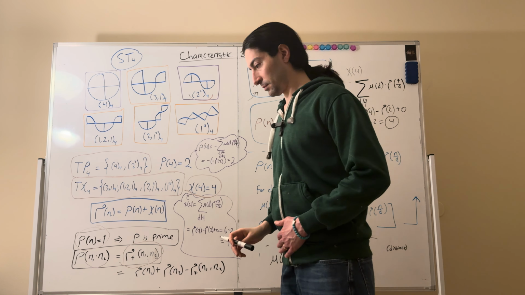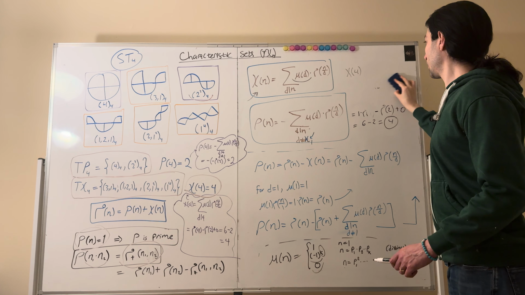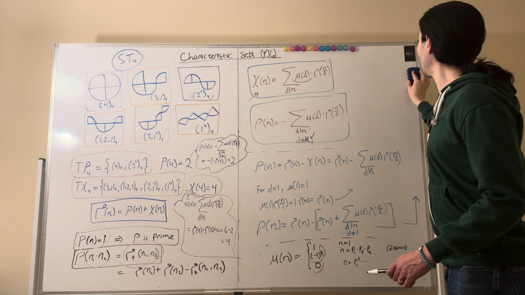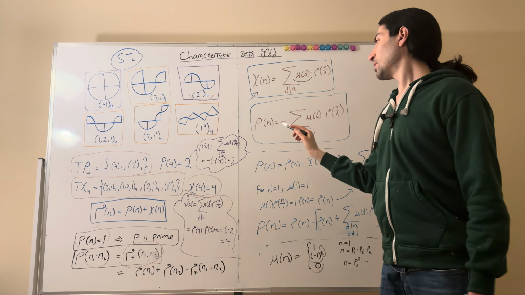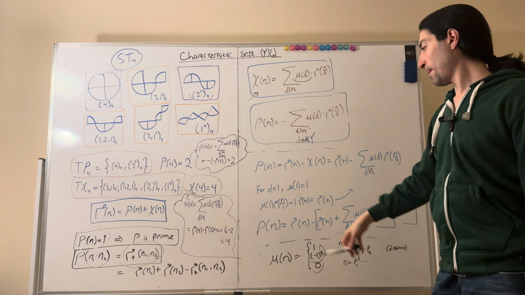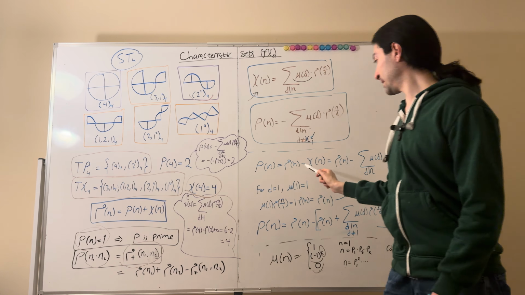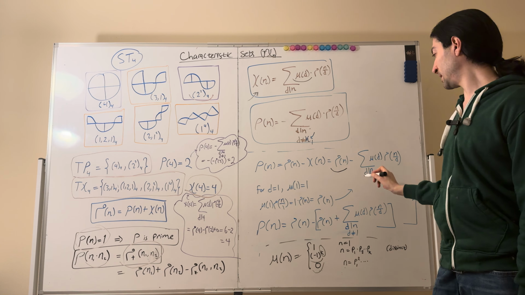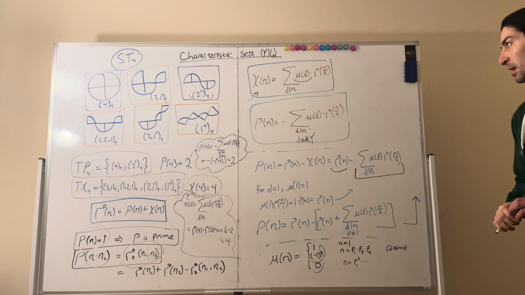Now, let's look at rho of 4. So now we looked at chi, which is the characteristic set, which is really the more important one. But we can also derive rho of n. We will say that rho of n, as we know, is equal to Mem of n minus chi of n, which is equal to Mem of n minus this formula right here, which we just saw earlier.